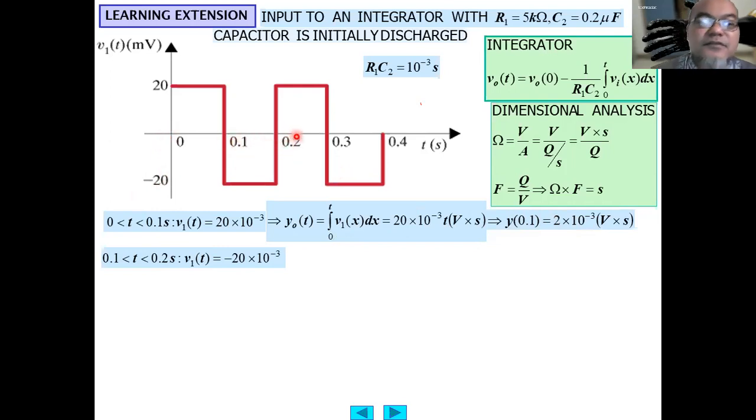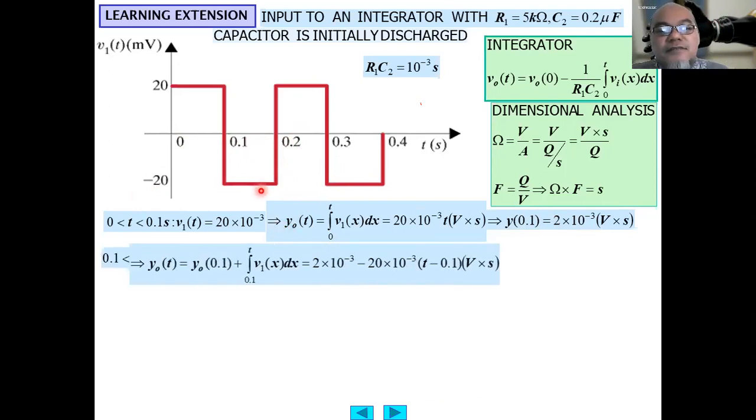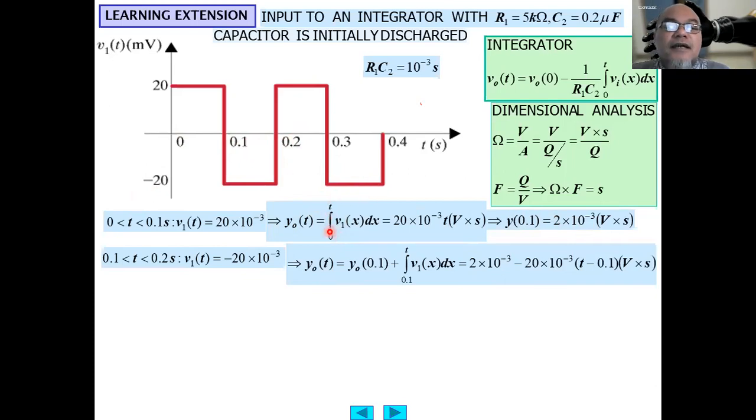From 0.1 to 0.2, V1(t) is negative 20 times 10 to the power of minus 3. So the integral of Y(t), basically the voltage output, is the initial value at 0.1, which is this one, plus the integral from 0.1 until t of negative 20 times 10 to the power of minus 3, V1.